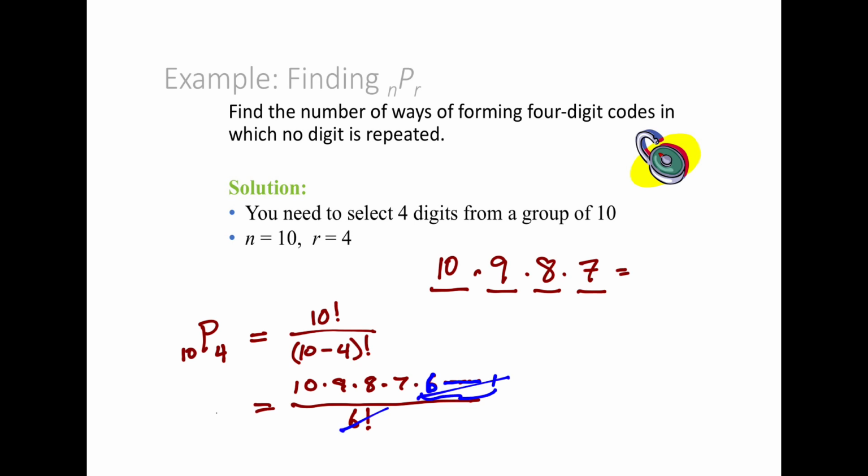So this and that would cancel out, and this leaves me with 10 times 9 times 8 times 7, which gives us, multiplying those out, 5,040 different ways. There's 5,040 different 4-digit codes I could get if none of the digits can be repeated.